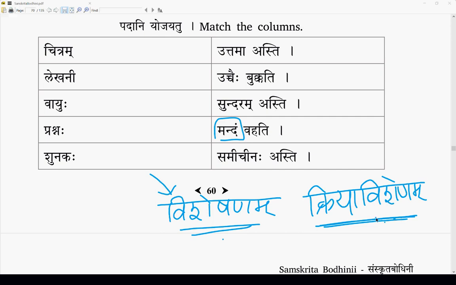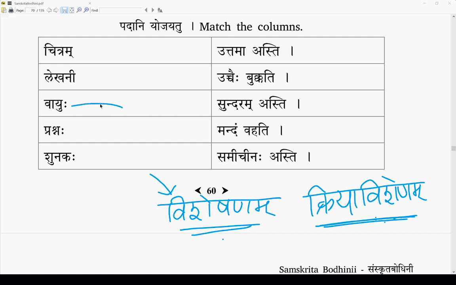Because Kriya Visheshanam is also Nama Padam. It should be the same as the noun or the Nama Padam. It is not. Which Nama Padam? See, when you said, let us say, Chitram Sundaram Asti, that is a Visheshanam, because we are describing Chitra as Sundaram.